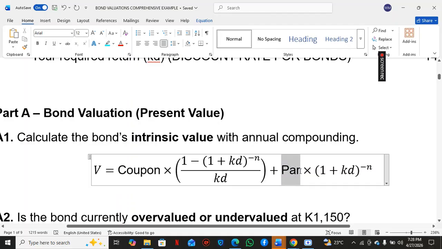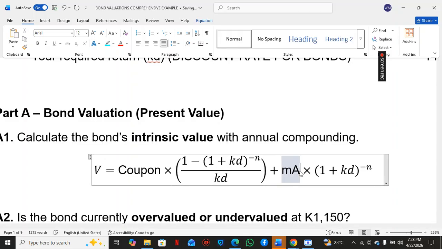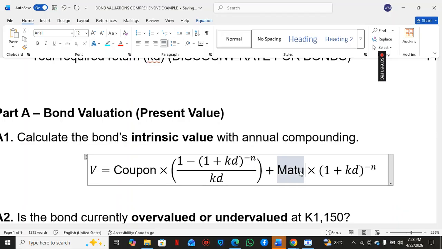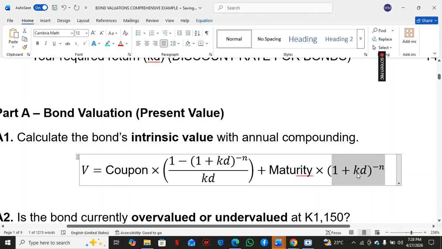Then this par just represents how much is going to be paid when the bond matures. You can even put here maturity value. Since the maturity value is a one-off payment, we multiply it by this present value factor, 1 plus kd to the power negative n.